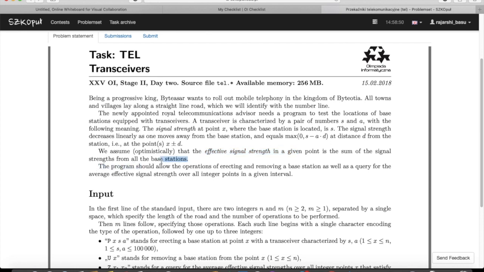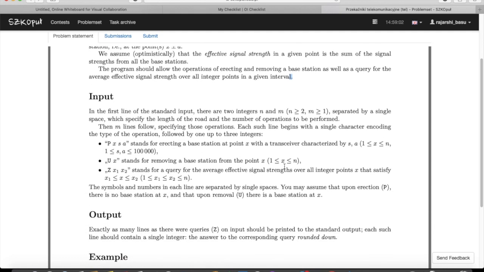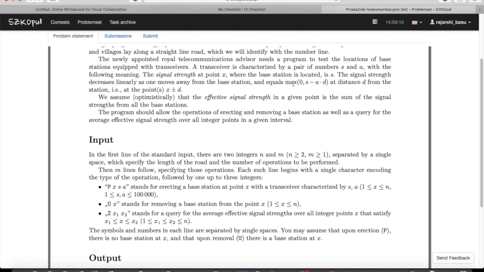The program should allow the operations of erecting and removing a base station, as well as querying for the average effective signal strength over all integers in a given interval. So in each update operation, we are given either X, S, A, which means that at station X, build a transceiver characterized by S, A with the meaning given here, so this formula.